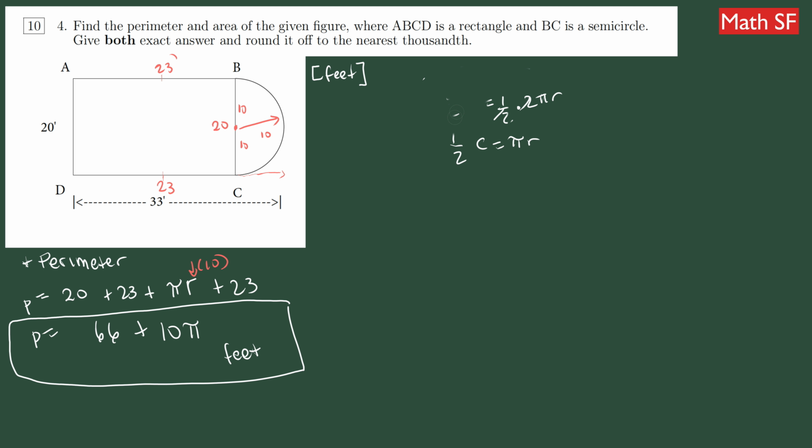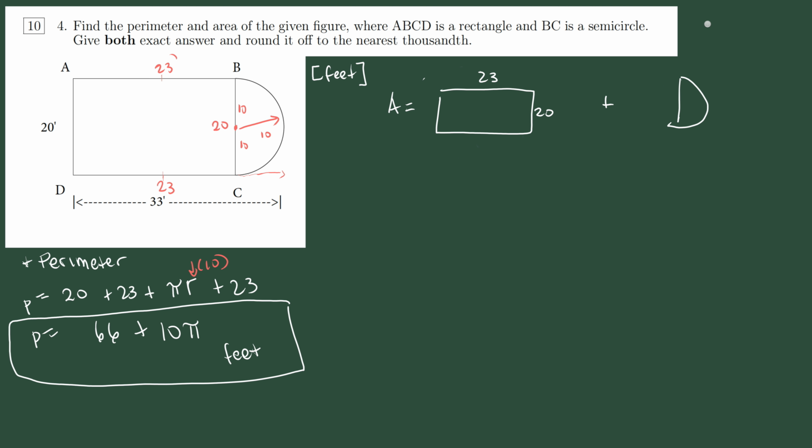Now let's try to find the area. So I'm going to erase this part here. That was just to find half of the circumference. Now they're looking for the area, and we have to decompose this figure. That's going to be the area of a rectangle with size 23 by 20 plus the area of a semicircle. Recall that the area of a circle equals pi r squared.